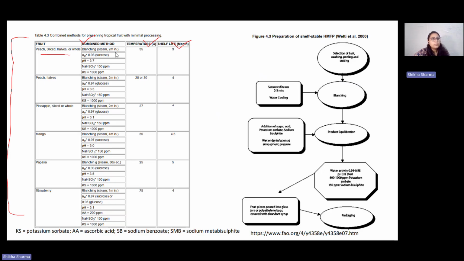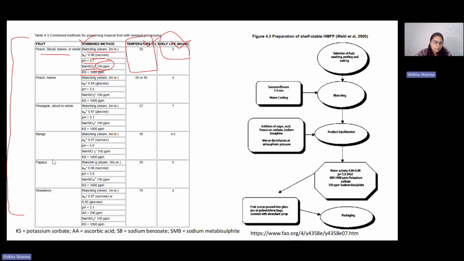blanching for 2 minutes using steam, water activity around 0.98 using sucrose, pH 3.7, and sodium hydrogen sulfite at 150 ppm, or potassium sorbate at 1000 ppm is added, and we can store the product at around 35 degrees Celsius for around 3 months. Same as this, there are different food products.